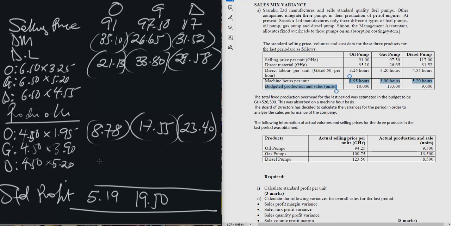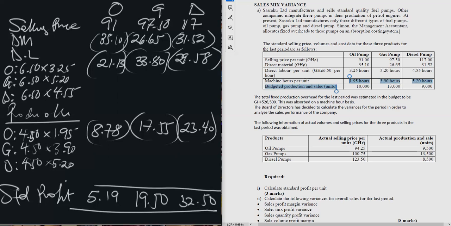Then the last one is 117 minus our 31.52 minus our 29.58 minus our 23.4. And that gives us 32.50 for the standard profit.